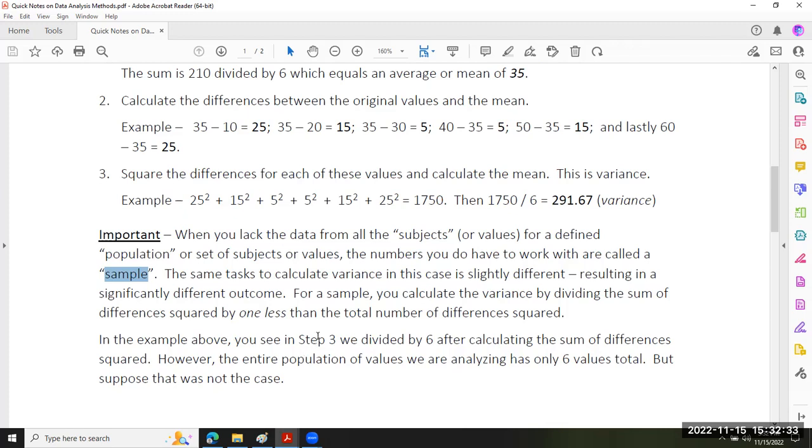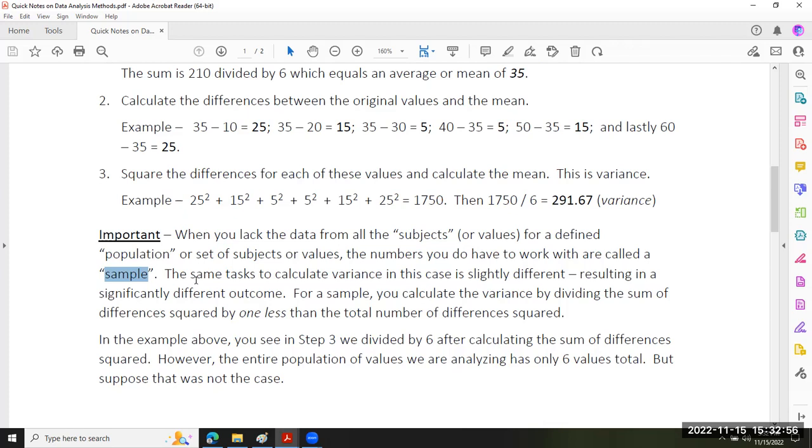We can't measure every single individual object or item or animal or plant in a given collection. There are times when we can't measure everything.